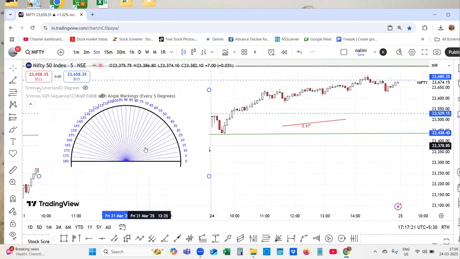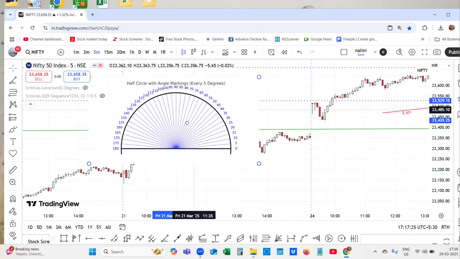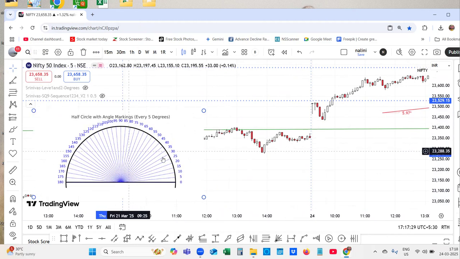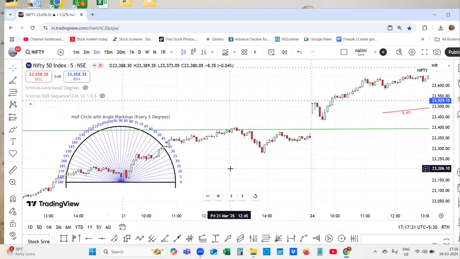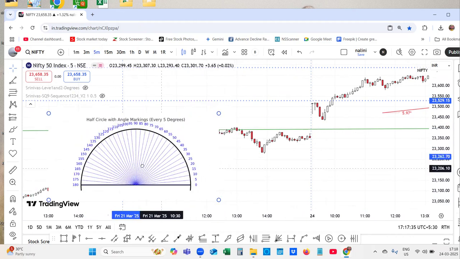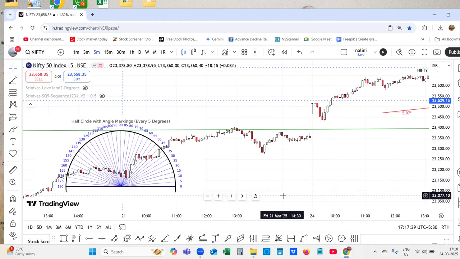Even yesterday, if you come back to yesterday, I'm putting this circle, my own clock. This is the trading clock. You can see how beautifully, by taking the liquidity over here, it started moving higher. You can see so clearly.